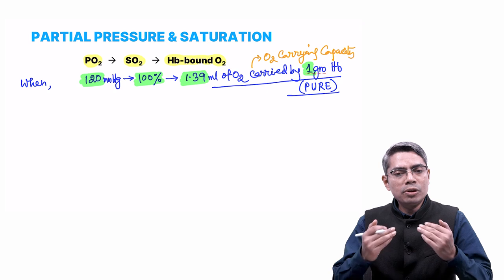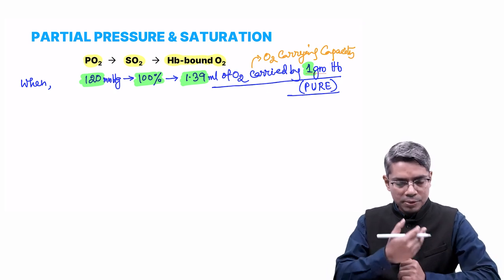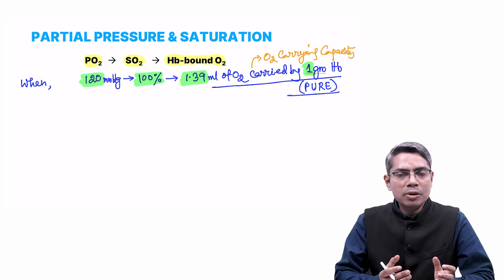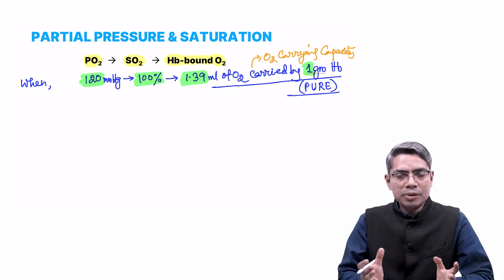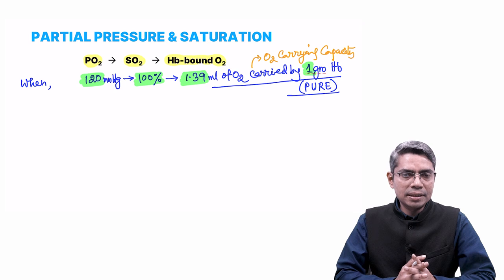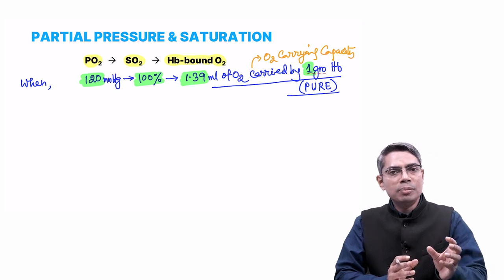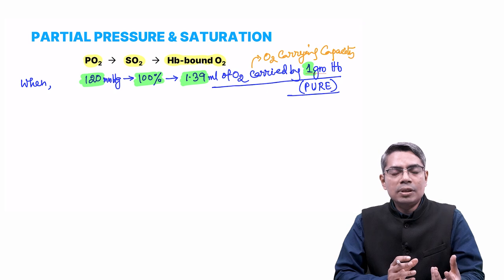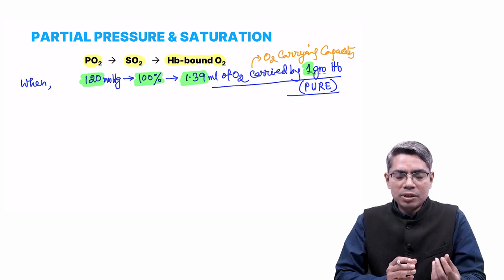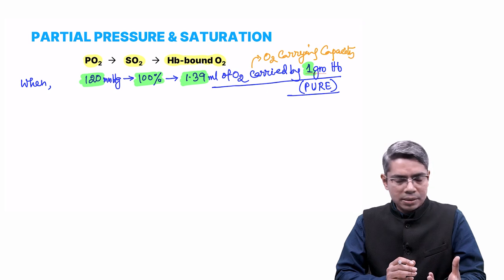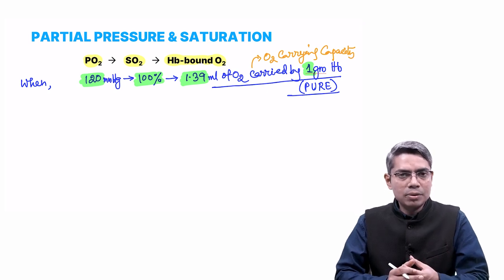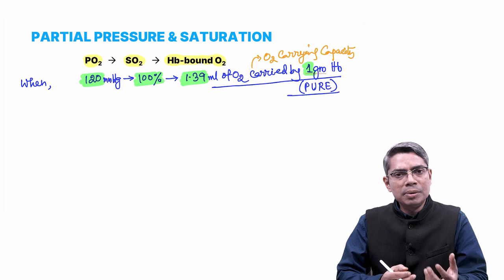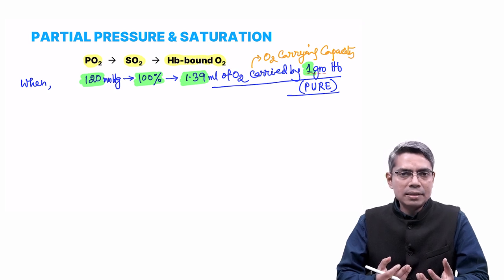But do you think the hemoglobin which is present in our body, which is flowing in our body, is pure hemoglobin? Answer is no. Because of polluted air and because of other factors in the environment, some of the hemoglobin will be combined with carbon monoxide, that is carboxyhemoglobin, a very small percentage, but it is there in normal blood also. And some of the hemoglobin will be in ferric state iron, that is the methemoglobin.